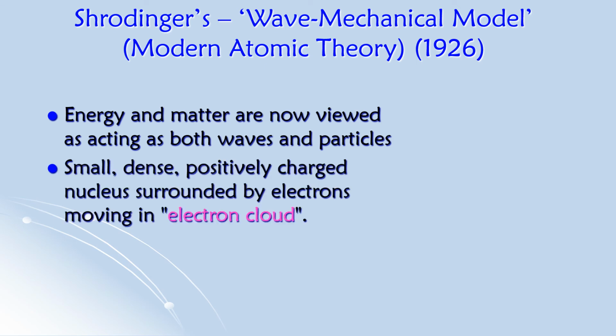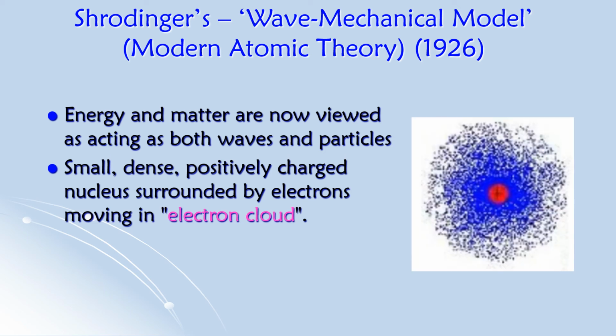So they said that electrons do not quite revolve around the nucleus in those fixed orbits. In fact, there is this electron cloud, which is the space around the nucleus in which electrons can potentially be found. This is what an electron cloud looks like.